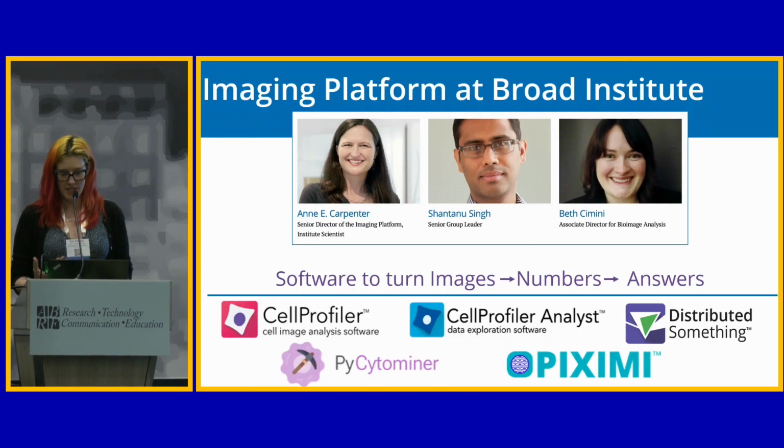I think we all understand that imaging can be very quantitative, and in the imaging platform at the Broad, we very much push this understanding that we can use software to turn images into quantitative information. We can extract numbers out of an image, and then use those numbers to answer biological questions, to drive biology.